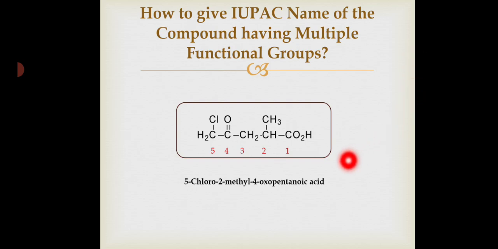See, the acid name is indicated as a suffix after the parent hydrocarbon name. The parent hydrocarbon is pentane, pentane plus oic acid, pentanoic acid, and the other functional groups are indicated as a prefix name in alphabetical order. C comes first, then M, then O. So 5-chloro, 2-methyl, 4-oxo, pentanoic acid.